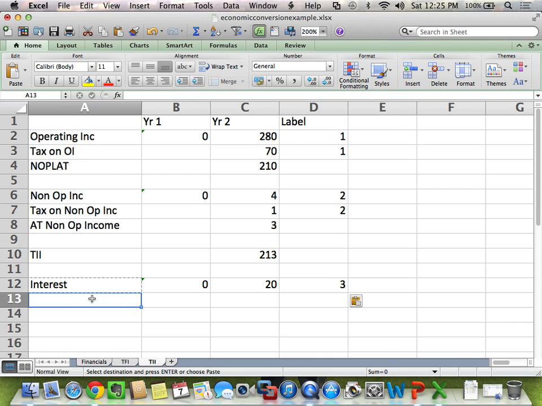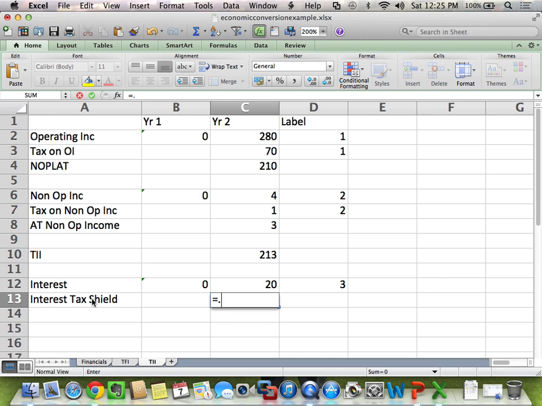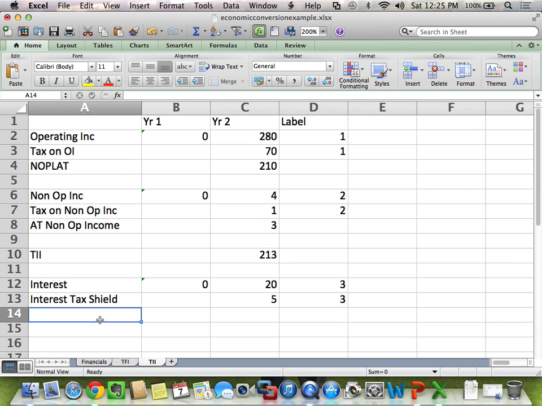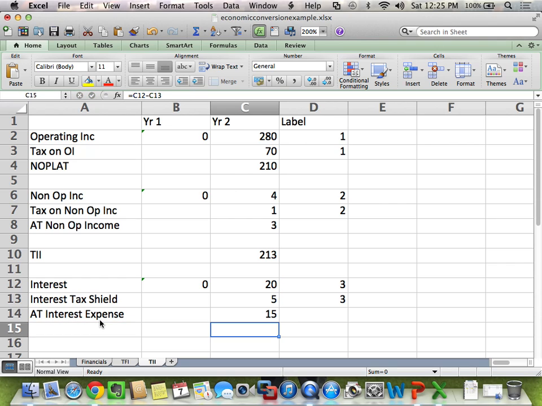But what I'm going to have is an interest tax shield because I can deduct the $20 of interest expense. At 25% tax rate, I can deduct 25% of the $20, so I will get $5 in interest tax savings. So my after-tax interest expense is the 20 minus the 5.